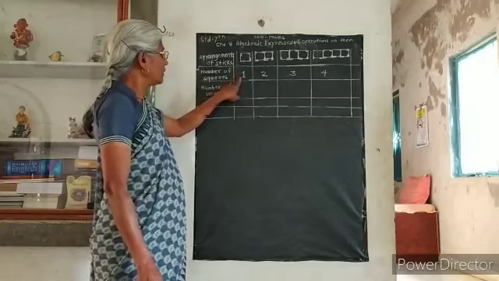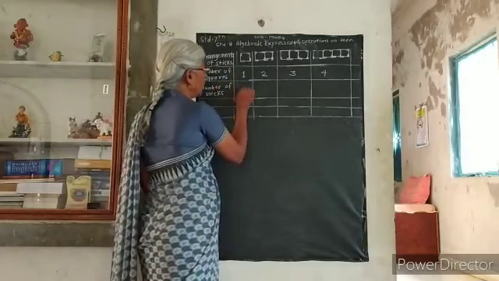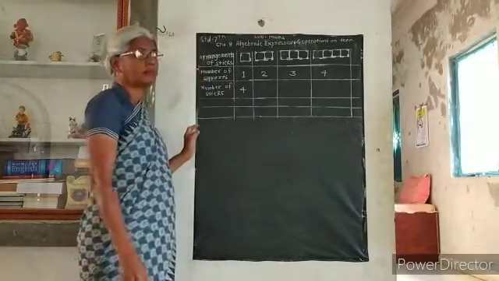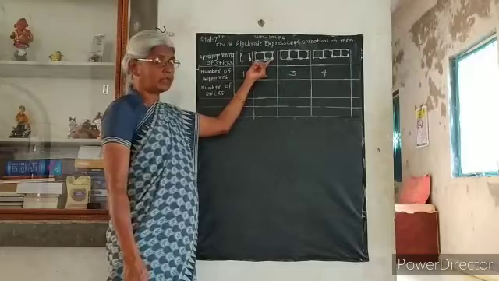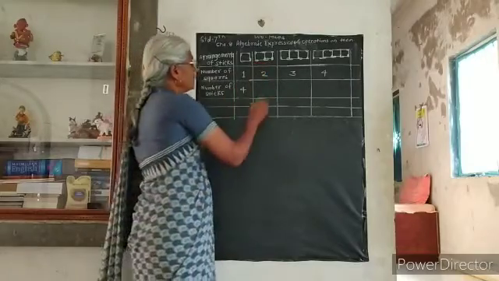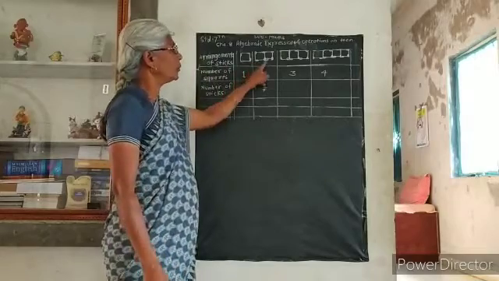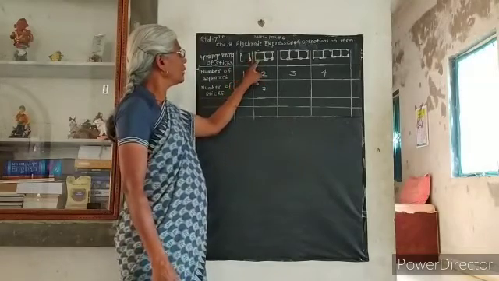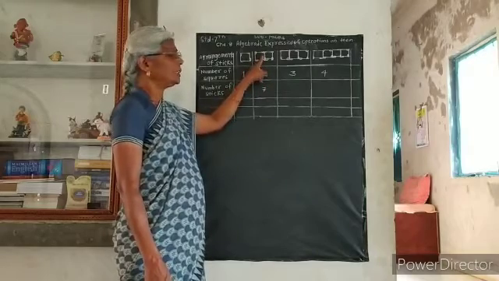When the number of squares is 1, the number of sticks used for it is 4. When we arrange the sticks as 2 squares, 7 sticks are necessary for this. You can count them 1, 2, 3, 4, 5, 6, 7, because one stick is common.